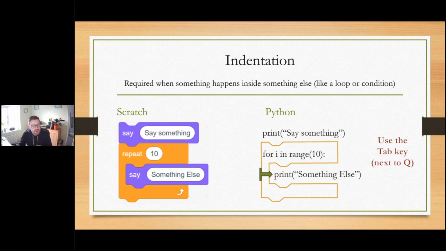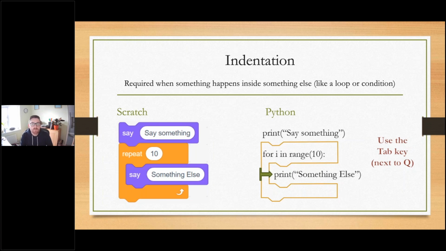And the bit that happens those 10 times is pushed in, and we use the tab key, which is a button next to the Q. It's got the arrow and the line, if you look at your keyboard, and that pushes everything in a fixed amount. Now, the thing with Python is even if you're out by one space, if it's not exactly lined up, it thinks that it's in a different loop.